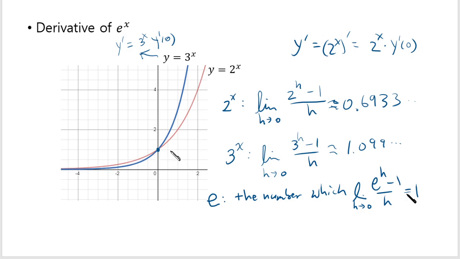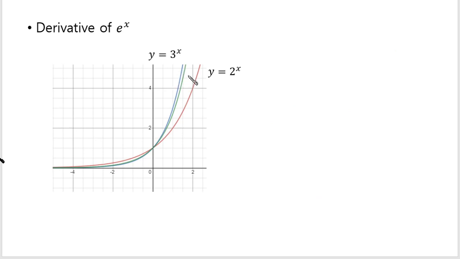So with that definition, here's what we have. See this green line here? It's so similar to blue, it's hard to distinguish. But this one right here is our y equals e to the x. The actual value of e is 2.718281, and then so on and so on.